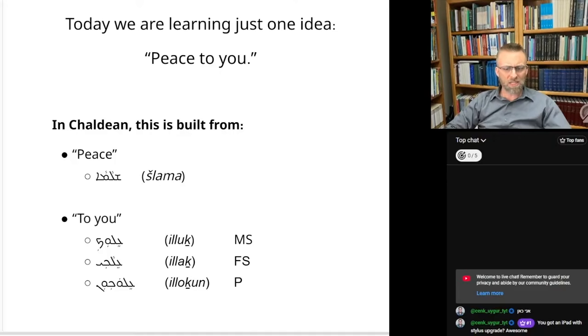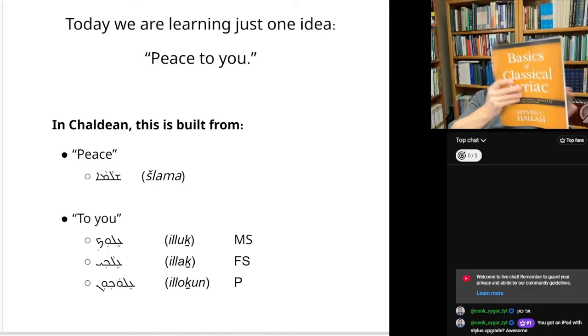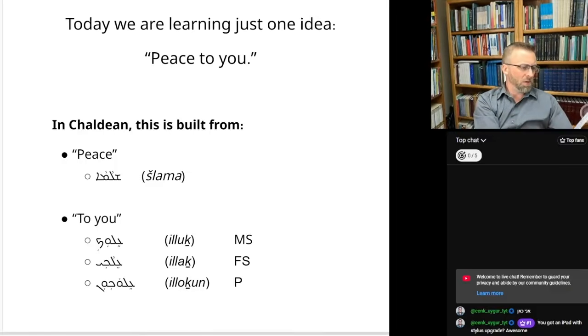So for Syriac, the Syriac language family to which Chaldean belongs, there are three main scripts that are used throughout its history. The one I'm going to be using is an Eastern Aramaic script that is used in the textbooks that I use for studying, and you'll see it used throughout the church. Like I have here on my desk, The Basics of Classical Syriac, and it's a good little book.